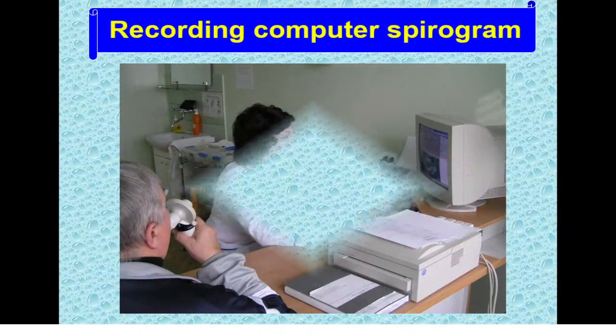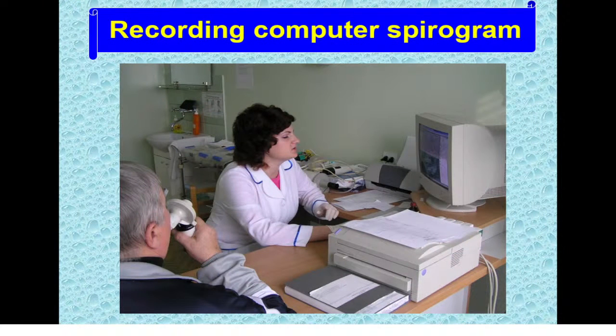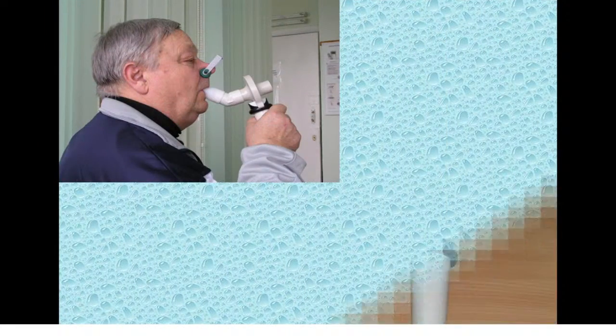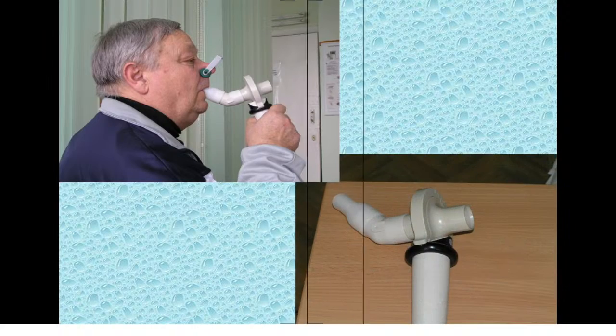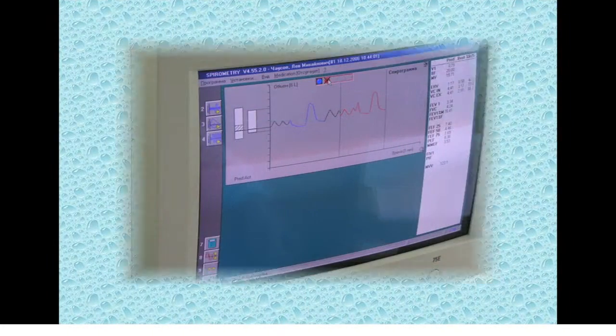The computer spirogram will be recorded into the computer, which will count all indices and give only a result on paper, and the doctor only compares the results with normal indices.